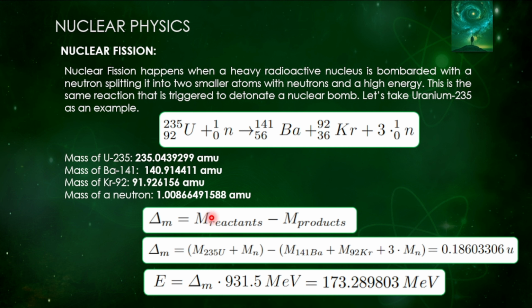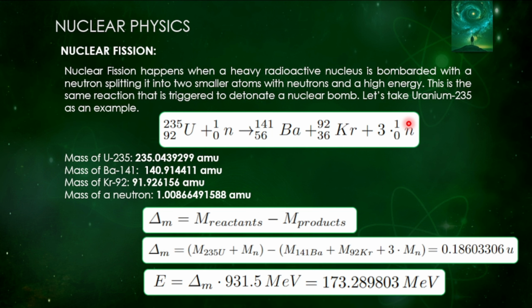So let's check here the energy that is generated. Again, you add the mass of uranium to the mass of 1 neutron, minus the mass of barium, krypton, plus 3 times the mass of neutrons, because you have 3 neutrons released, and you get 173.289 mega electron volts.